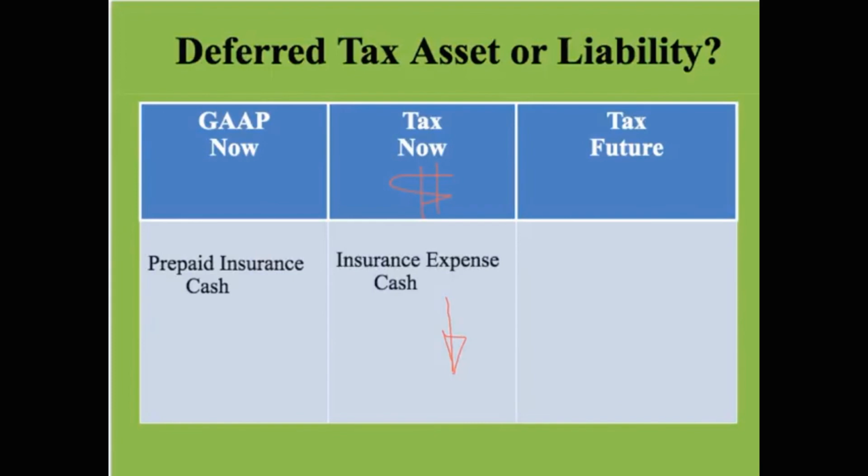However, in the future years, your deductible expenses for this item will be zero. You already spend them up. If your deductible expenses or your deductions are zero, that will drive your taxable income high, creating higher taxes in the future, or it will be deferred tax liability. Okay, key items as you look at various items that might be on your CPA exam.